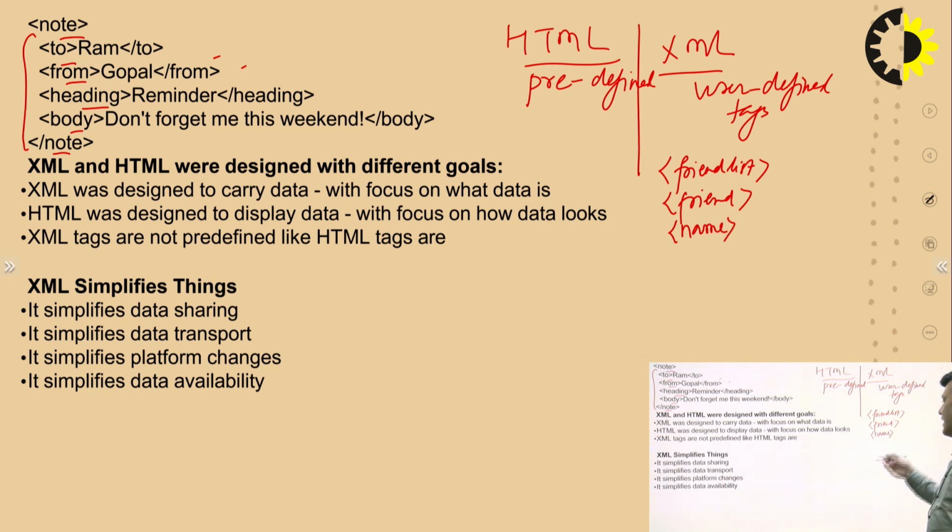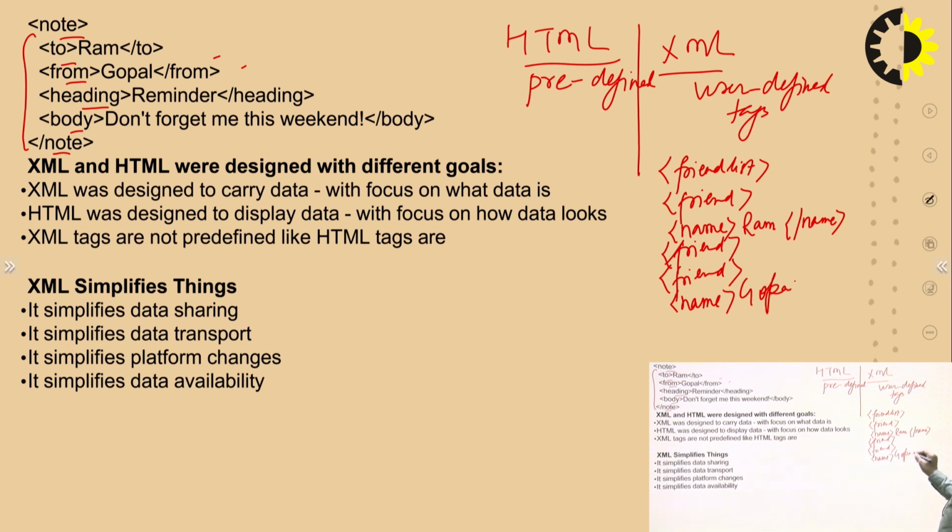I have written a name, for example Ram. Close this, one friend. Second friend, again I have opened, sorry, close this, again opened friend, again name, Gopal is my second friend, name close tag, then friend tag is again closed.